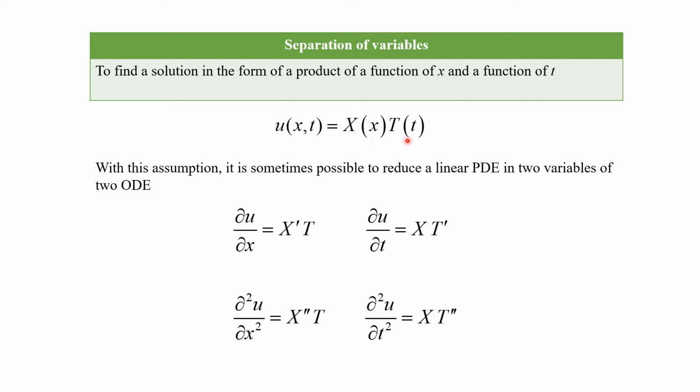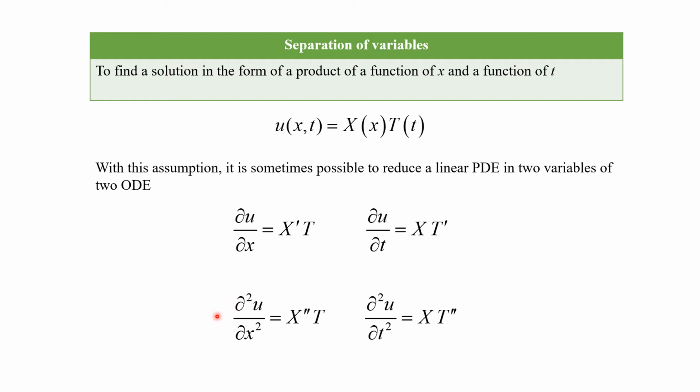With this assumption, where u equals X(x) T(t), we can reduce the linear partial differential equation in two variables to two ODEs. First, the first order partial derivative with respect to x gives X prime T, and with respect to t gives X as a constant times T prime.